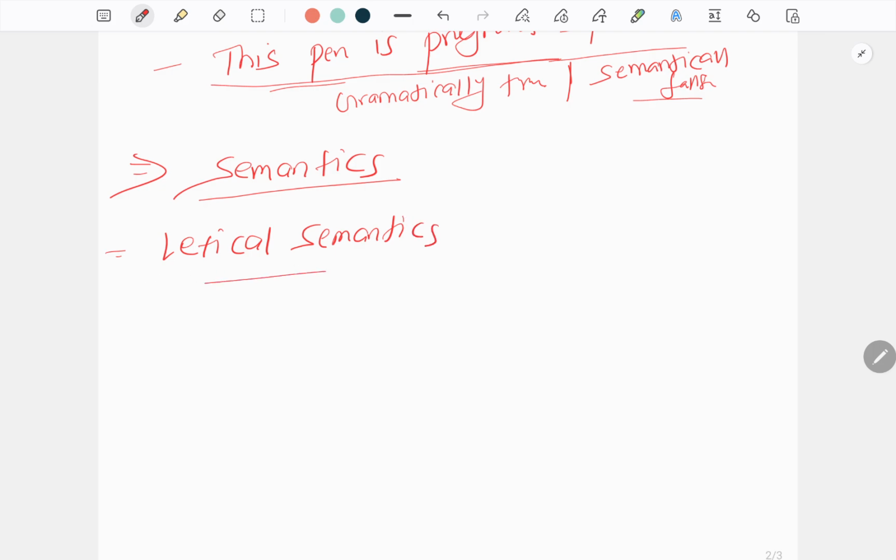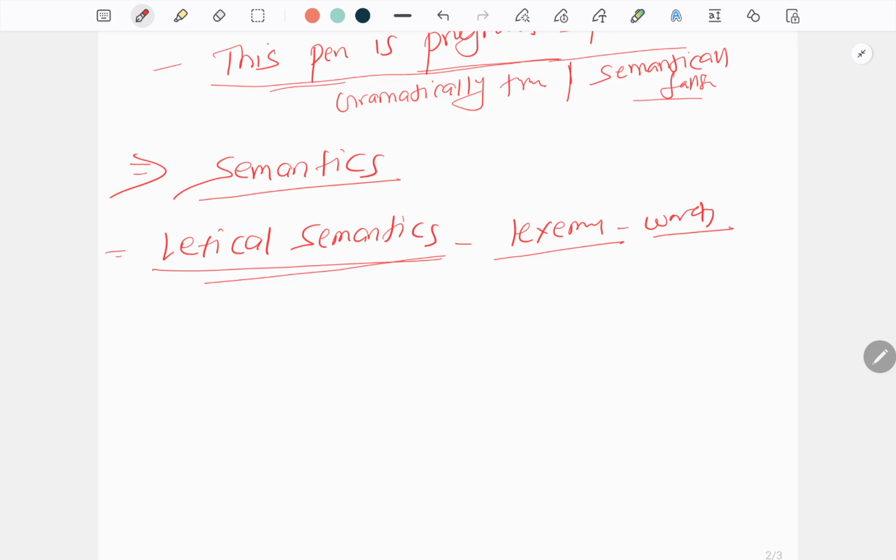In lexical semantics, lexical means lexeme, and lexeme means words. If we discuss or study the meaning of words or the meaning of the lexeme, we study all those phenomena under lexical semantics.